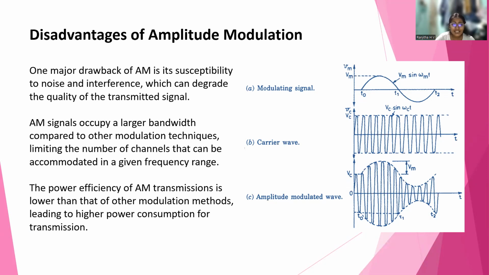AM signals occupy a large bandwidth compared to other modulation techniques, limiting the number of channels that can be accommodated in a given frequency range. The power efficiency of amplitude modulation transmission is lower than that of other modulation methods, leading to higher power consumption for the transmission.